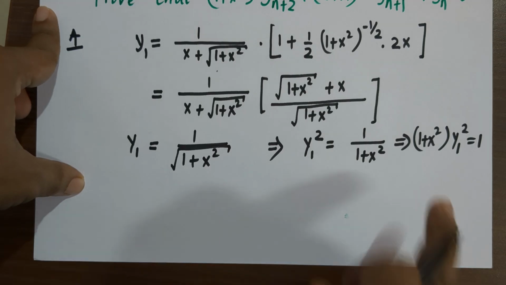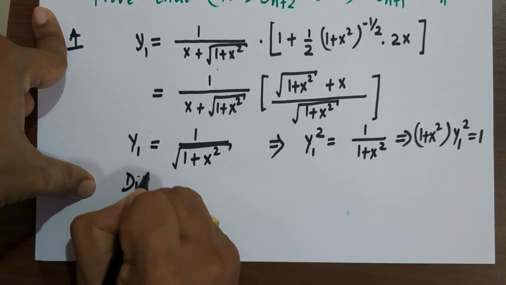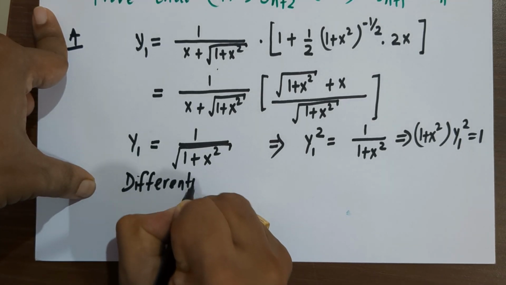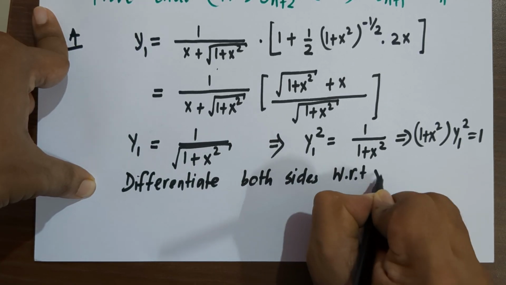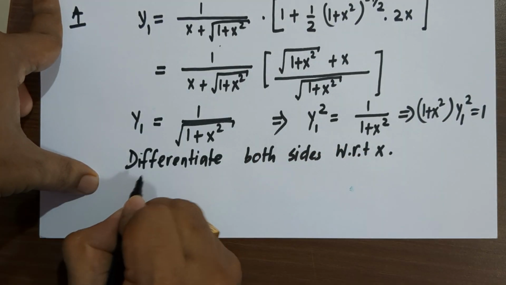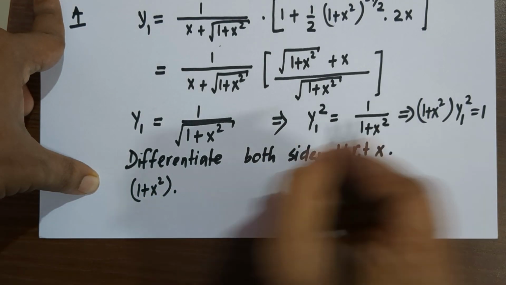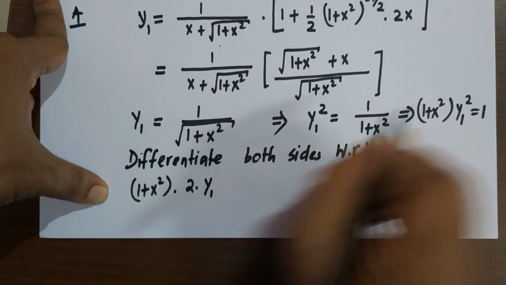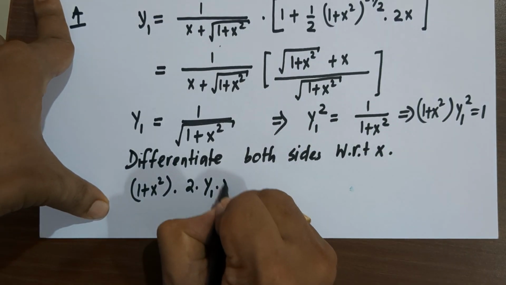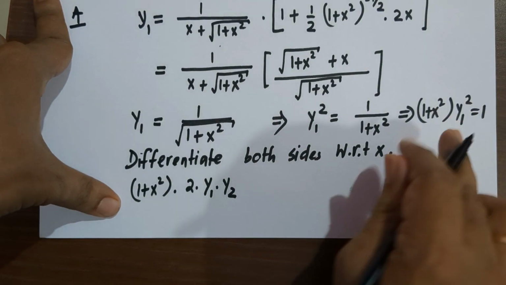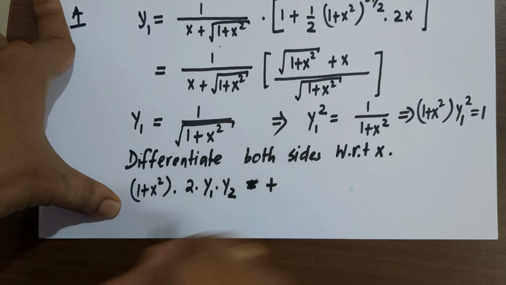Now differentiate once more to find the second order derivative, which is implicit differentiation. Differentiate both sides with respect to x. On the left hand side we have the product rule: keep first as it is, then the derivative of second, which is 2 times y1 by the chain rule, 2y1, and the derivative of y1. Here we already have the first order derivative, so it will be the second order derivative. The derivative of y1 is y2, and here we have a plus in between.